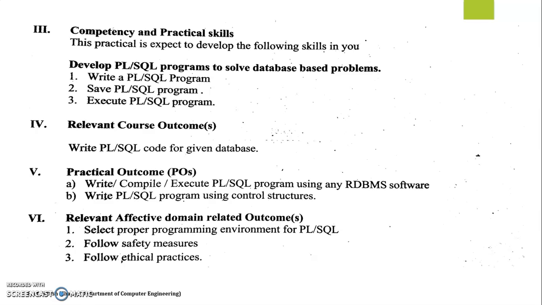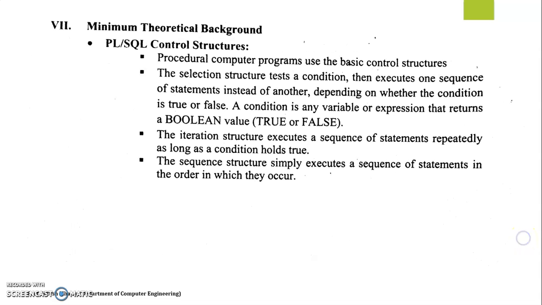Relevant course outcomes: write PL/SQL code for a given database. Practical outcomes: write, compile, execute a PL/SQL program using any RDBMS software. Write a PL/SQL program using control structures. Relevant affective domain related outcomes are selecting proper programming environment for PL/SQL, following safety measures, and following ethical practices.